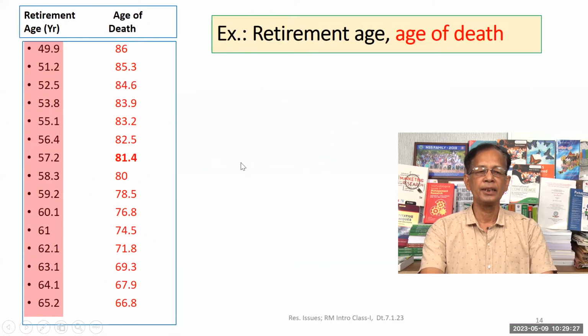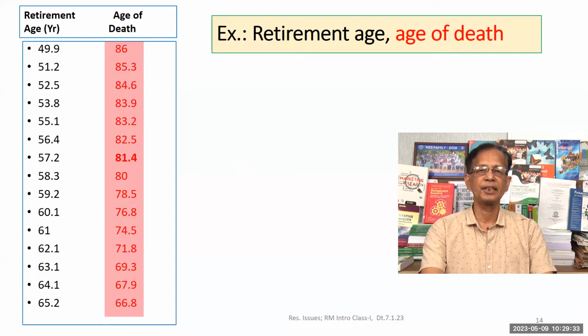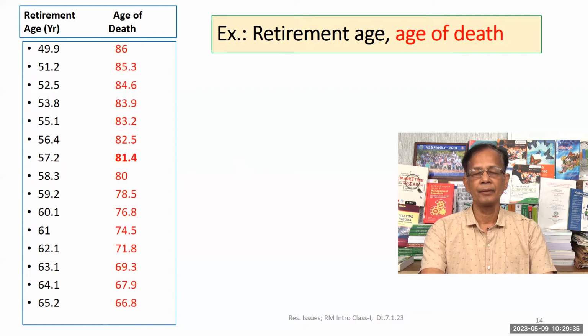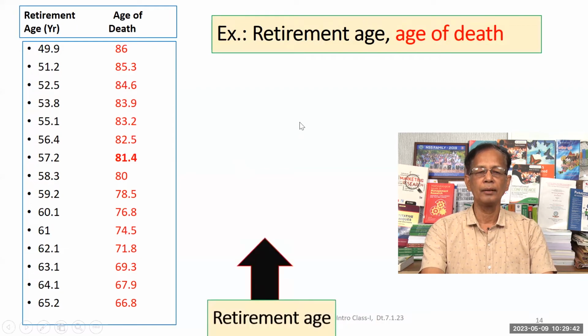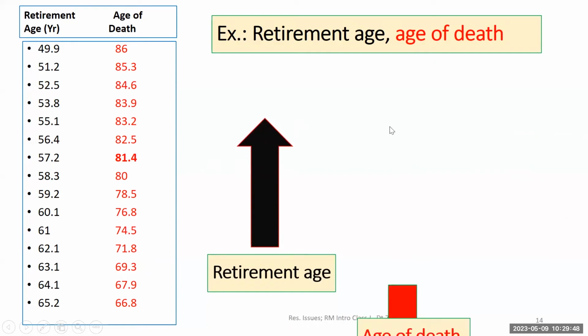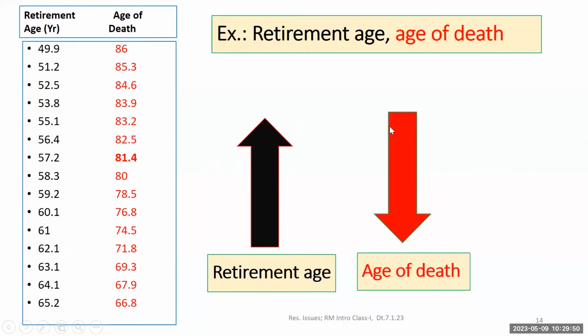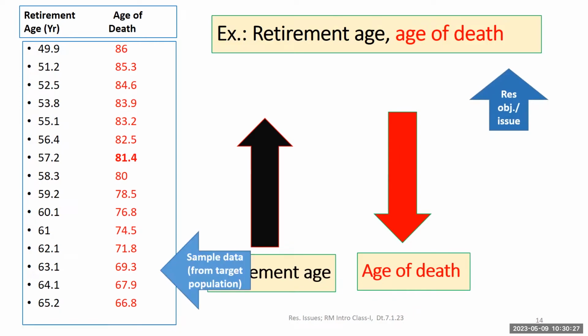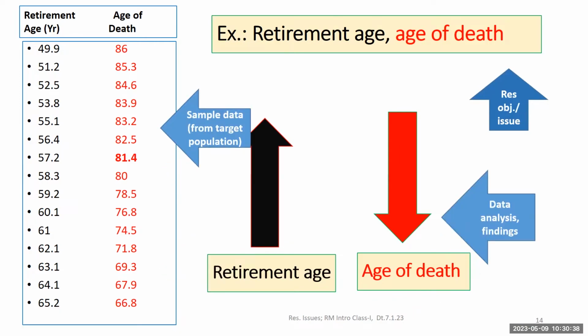The first column is about the different retirement ages of different employees. The second column is the respective age of death, and the study here is to relate these two factors: one, retirement age, second, the age of death. As you can mark from the table, if retirement age is increasing, the age of death is decreasing.